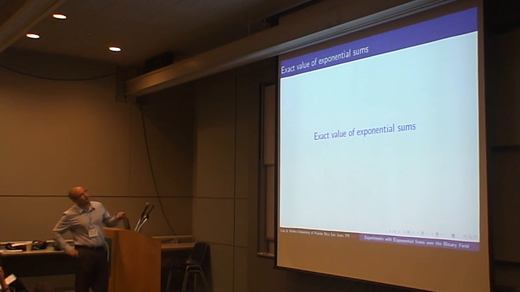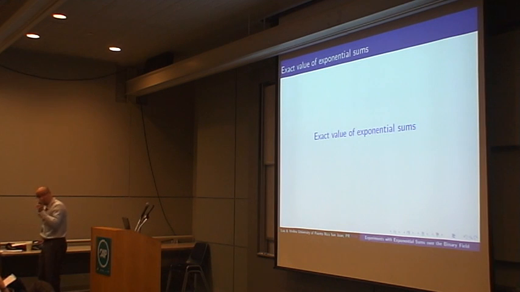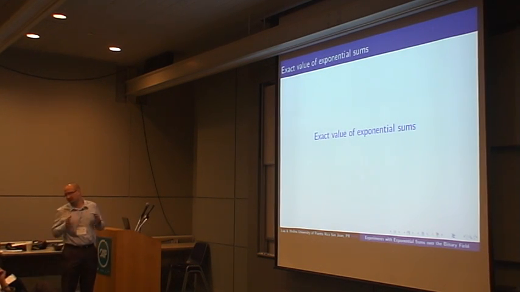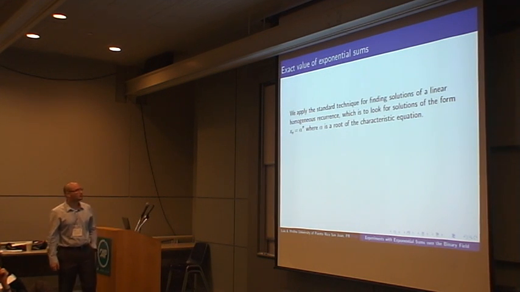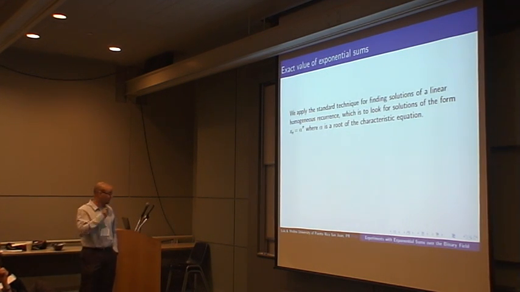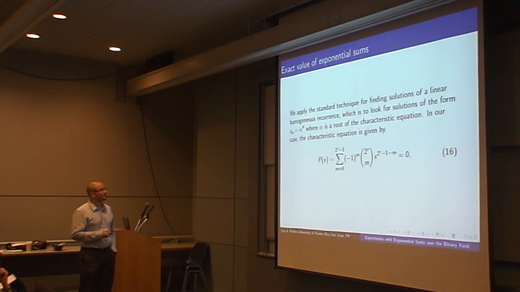Next, I move to calculate the exact values of the exponential sum. Now, I know that there are actually formulas for it, but I just want to do it with the computer, right? That's basically the goal here. So, in this case, we will apply the standard technique of finding a solution of a recurrence. In this case, this is our characteristic polynomial.